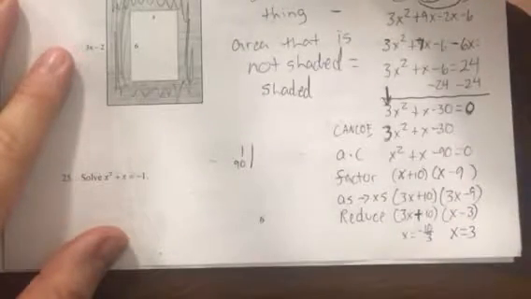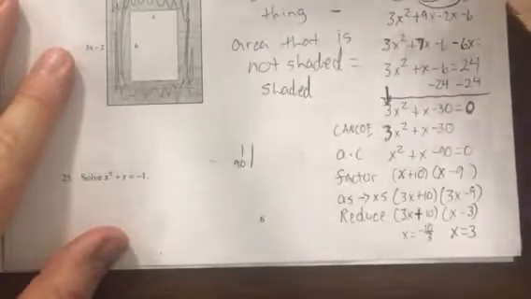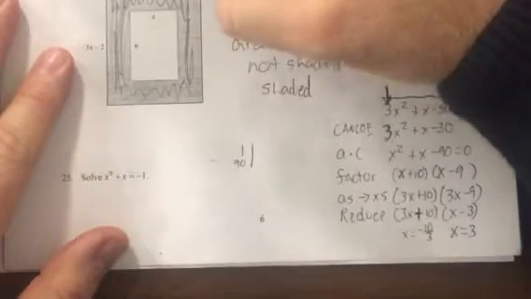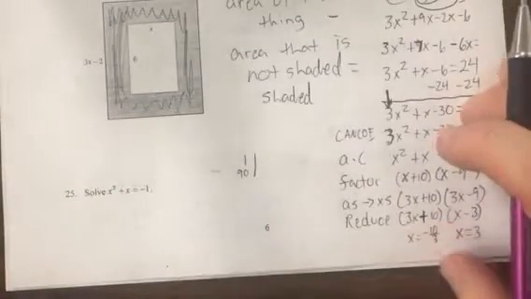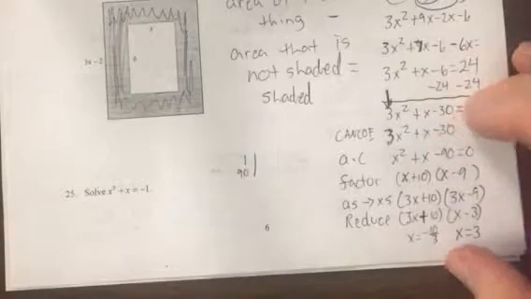So they said then solve for x, given the area shaded is 24 square units, so x is equal to 3, because it's the only one that's positive. That's how I'm going to know it's the right one.